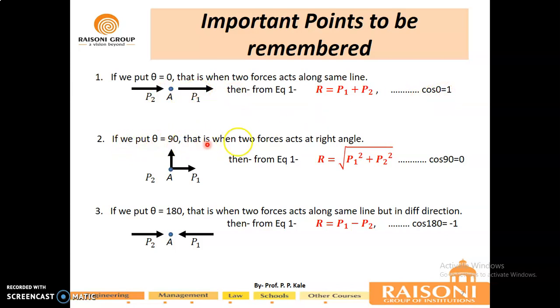Now if we put theta equal to 90, cos 90 is 0, therefore it will give you root of P1 square plus P2 square as the resultant's value, and this means your two forces are acting perpendicular to each other at the point A. Now if we put theta equal to 180 degrees, that is when two forces act along the same line but in opposite directions, the resultant's value will be P1 minus P2, assuming that P1 is greater than P2, since cos 180 is minus 1. So you will get some standard results over here, and this is very important for your MPSC preliminary examination.